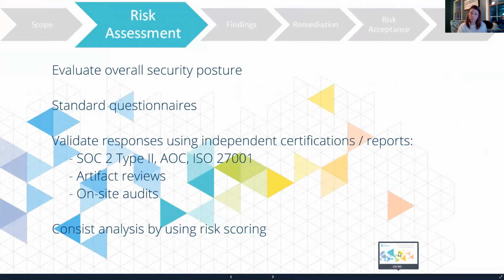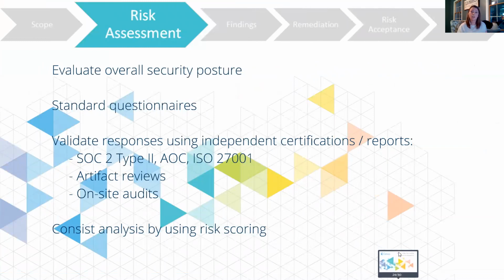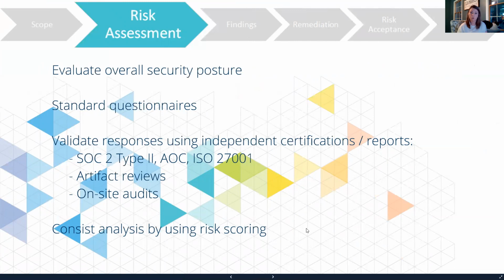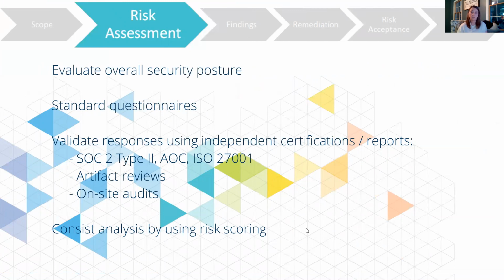So once the scoping is done, it can be done via a form that someone within the organization, normally the vendor owner, will fill out. You move into the risk assessment. Again, you're assessing the overall security posture of this company. You use standard questionnaires. Some organizations will use questionnaires that you can purchase online.